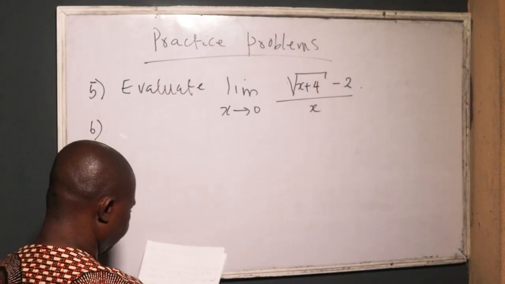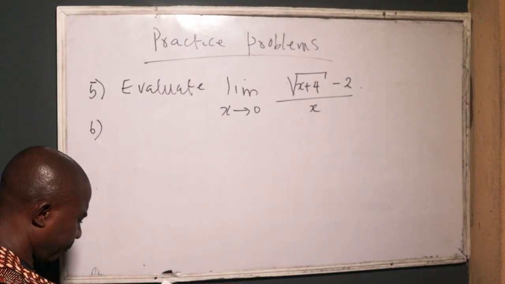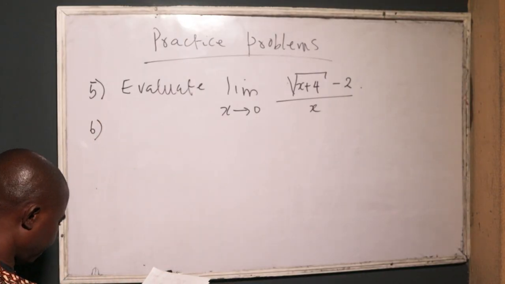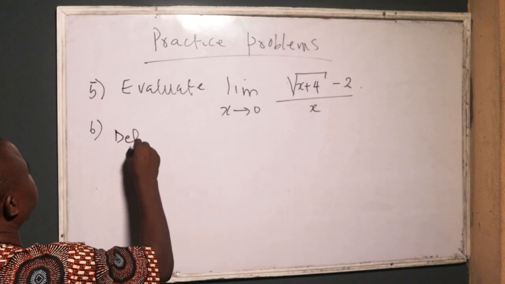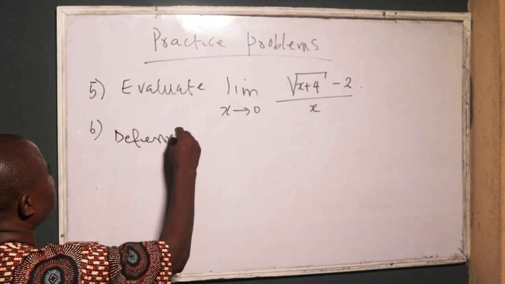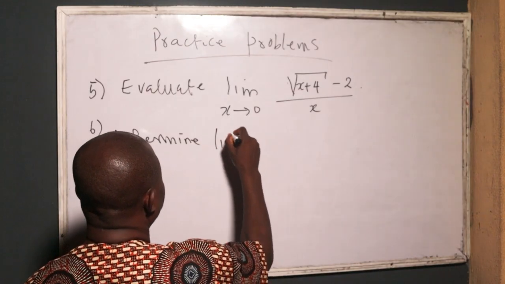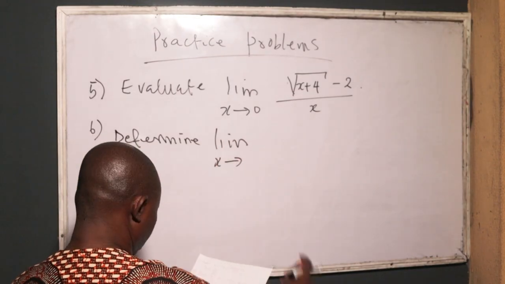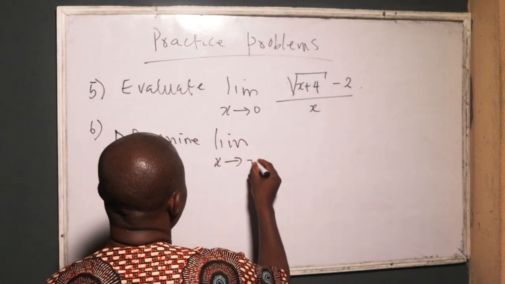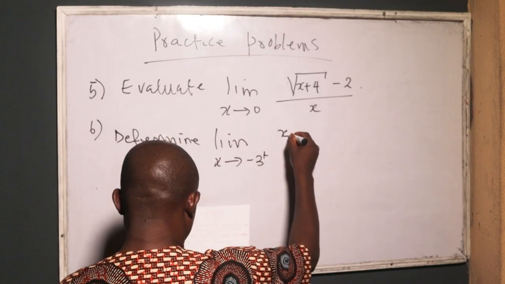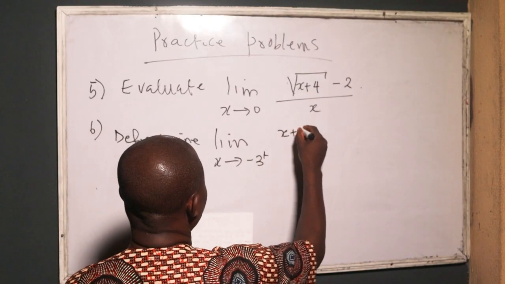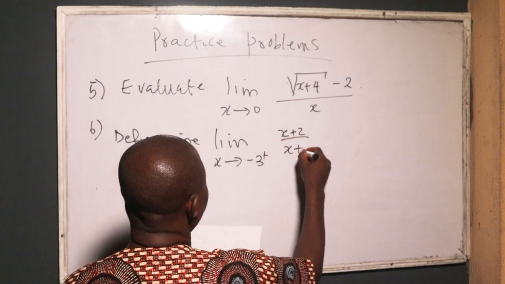Number 6 says determine the limit as x tends to minus 3 from the positive side of x plus 2 divided by x plus 3.